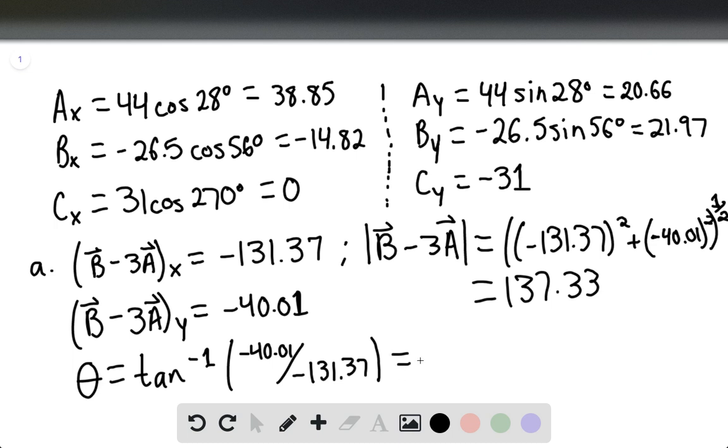And this is going to be 16.9 degrees. This is going to be below the negative x-axis because, again, if it has a negative x component and a negative y component, that means that it's going to be in quadrant 3.